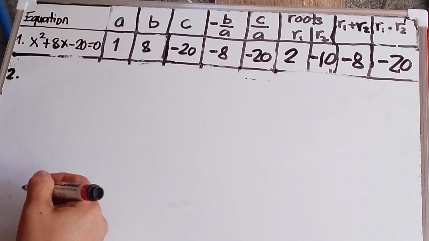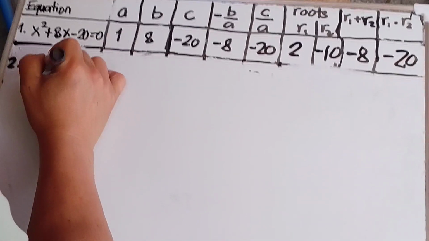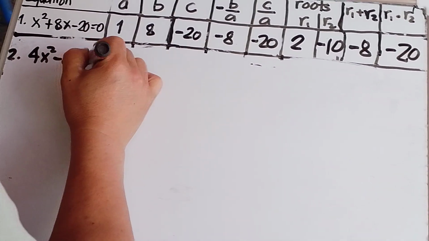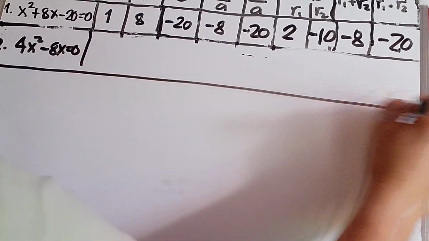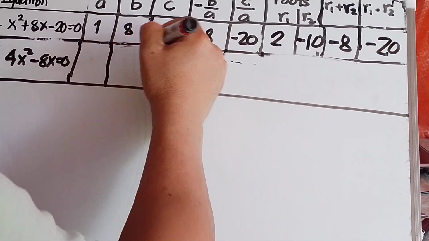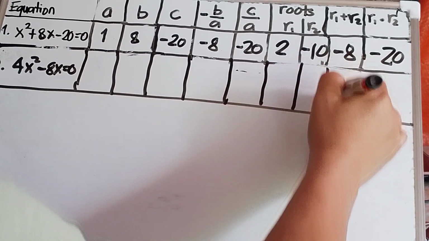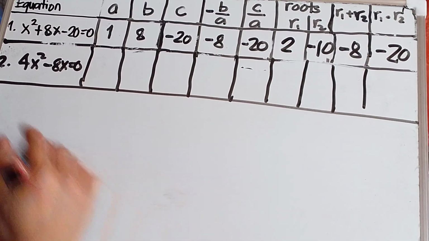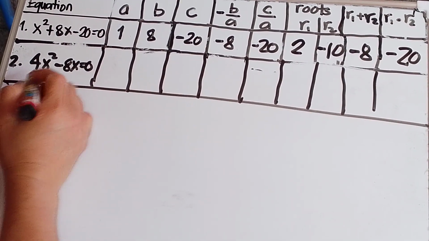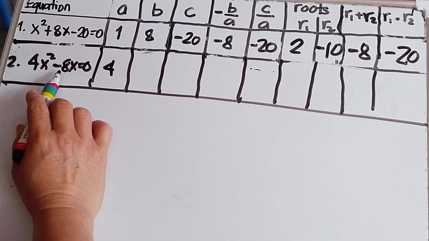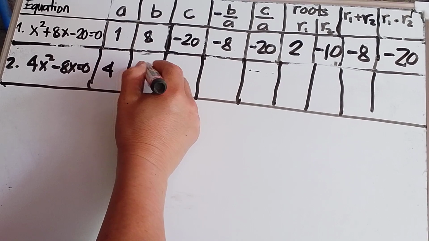Number 2, you have 4x squared minus 8x is equal to 0. Look at number 2. Beside x squared is 4, so that is our a. And beside x, this is negative 8.